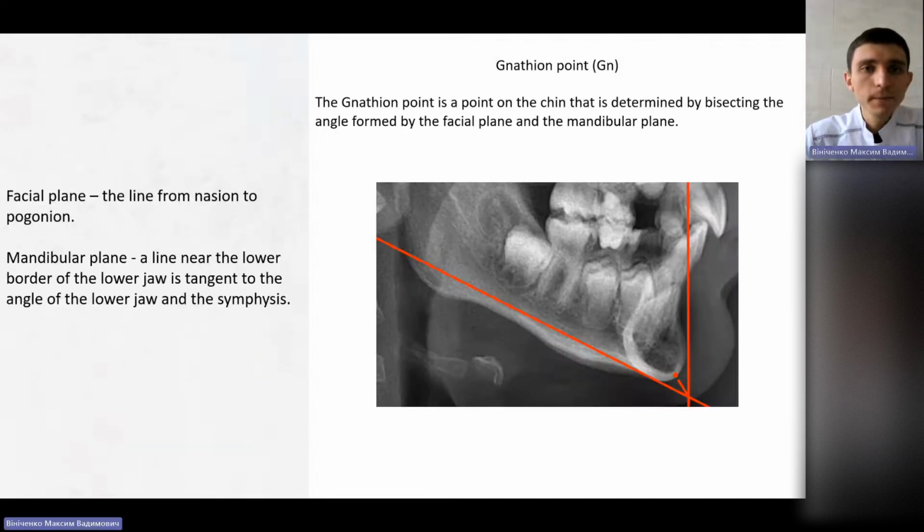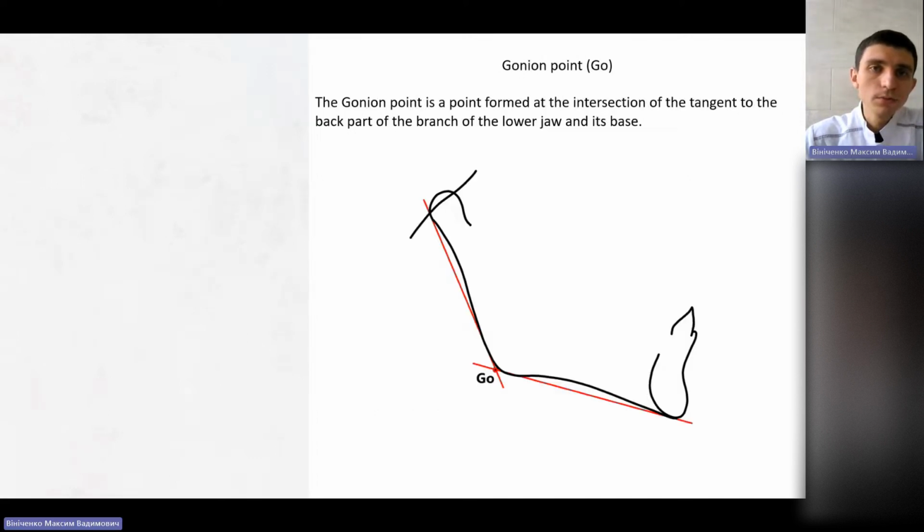And the gnathion. Gnathion is a point on the chin that is determined by bisecting the angle formed by the facial plane and the mandibular plane. Here we can see the dot gnathion. And gonion point. The gonion point is formed as the intersection of the tangent to the back part of the branch of the lower jaw and its base. So this is the dot gonion.